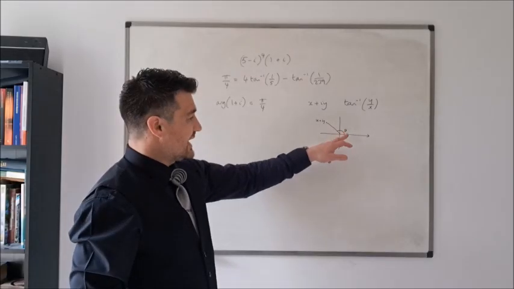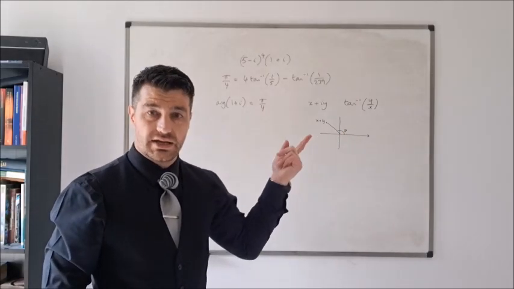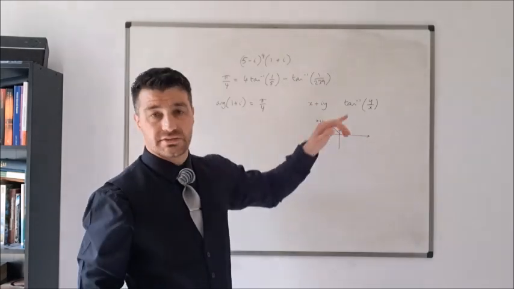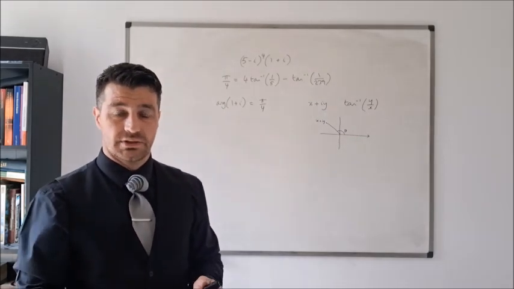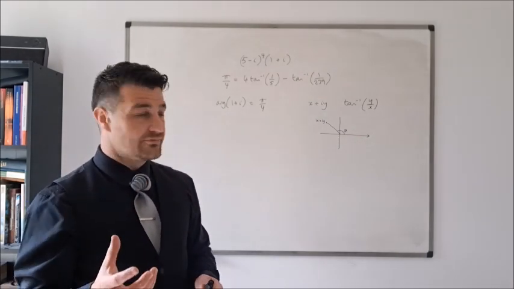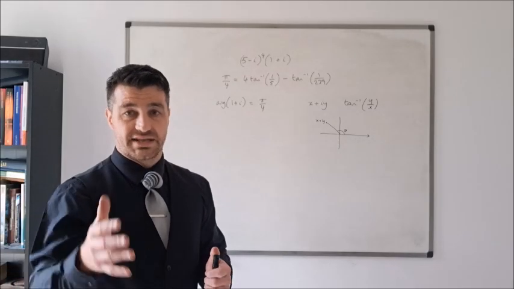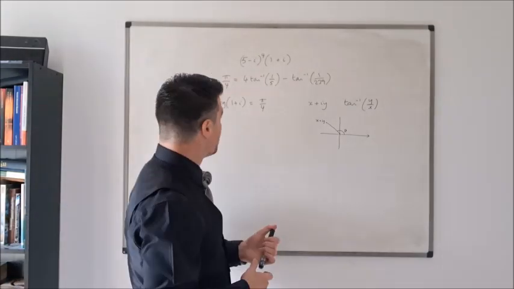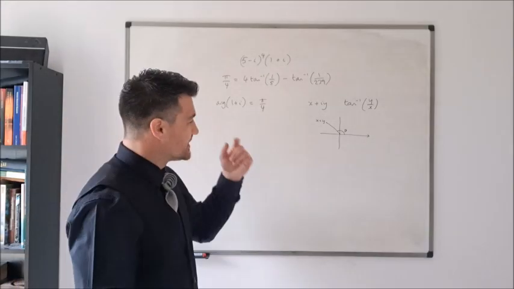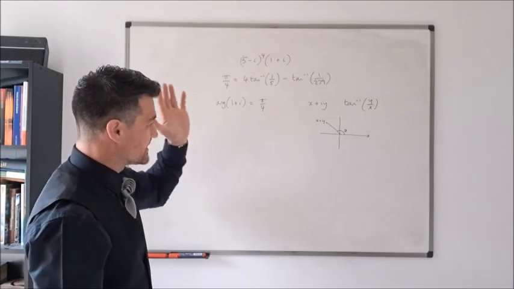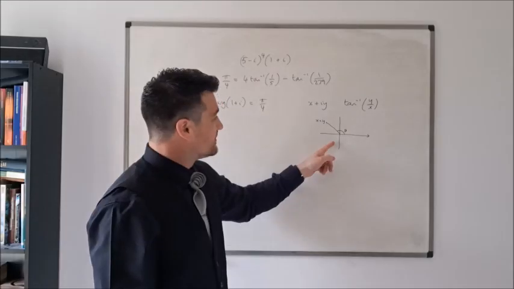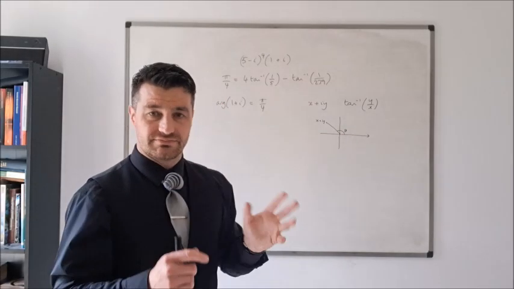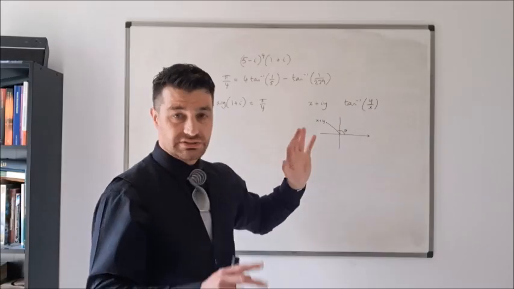But notice that that angle is greater than 90 degrees, whereas inverse tan is limited to values between minus 90 and 90, or minus pi by 2 and pi by 2. Strange that I should go into degrees, because we're working in radians here, but anyway. You might have to manipulate the expression a little bit.